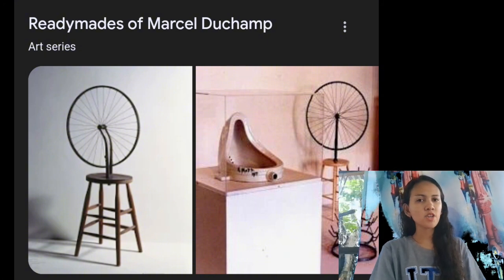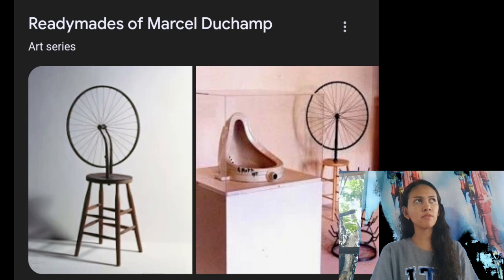At kaya isa rin siya sa mga naging philosopher ng functionalism because of his artwork that most of them naging controversial talaga, kasi nga, for example, meron pa yung Fountain and meron pa yung bike na sinasabi nila na kung makikita mo siya sa isang tingin, mapapasabi ka na bakit siya naging art o bakit yun naging art.